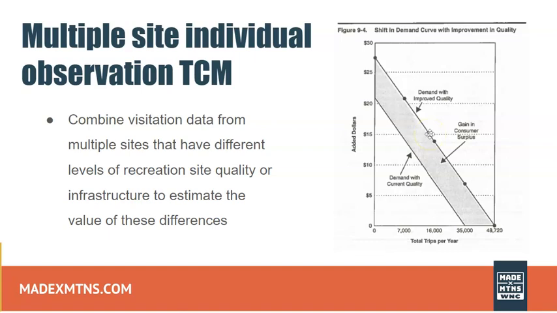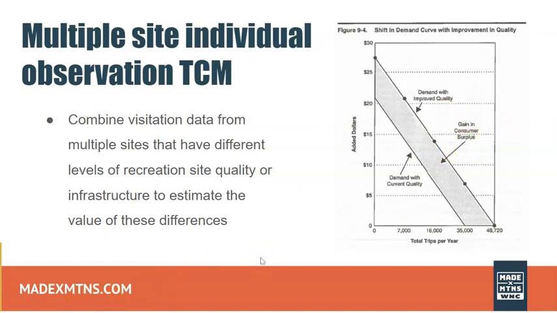When you can account for that statistically, you'll estimate a new demand curve. Here it has a vertical intercept of about 27.5 and a horizontal intercept of 48,780. Since the economic benefit, or consumer surplus, or net willingness to pay, is the area underneath these demand curves above the travel cost, the difference in these two curves is the gain in consumer surplus from that quality improvement.